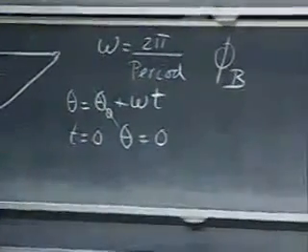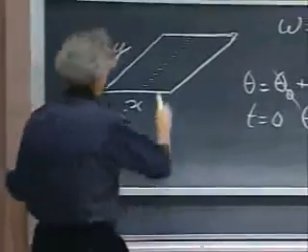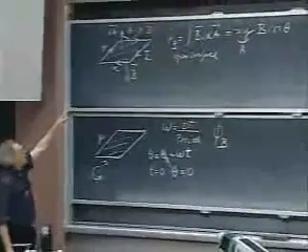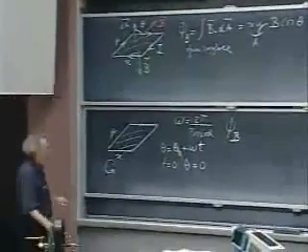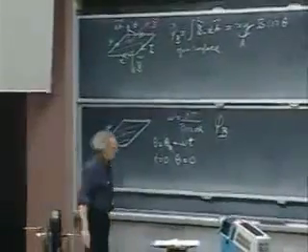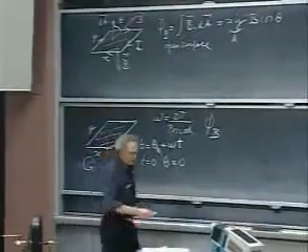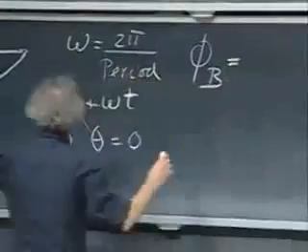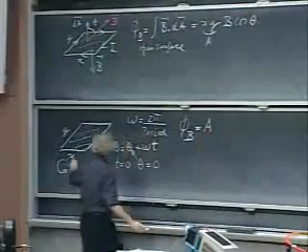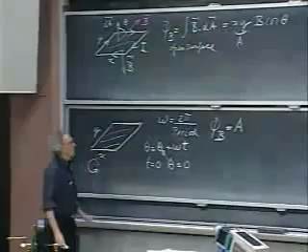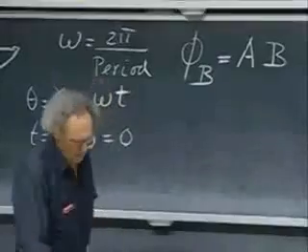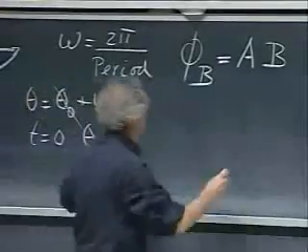I have to commit myself to a surface. Well, I will just choose this flat surface. Just like I did there, I chose that flat surface. I'm free to choose any surface. Why not take the flat one? And so the flux through that flat surface is then the area, which is x times y. That's the area of this loop. And then I have the magnetic field. And then I have cosine omega t.